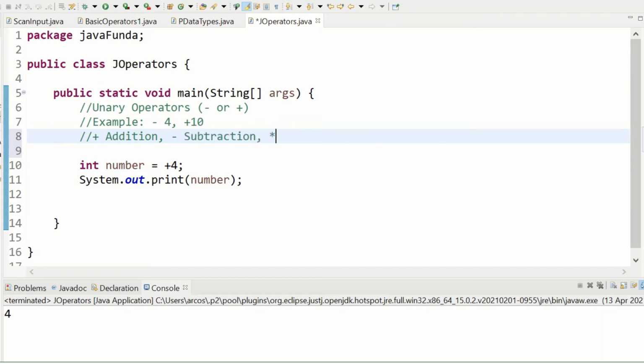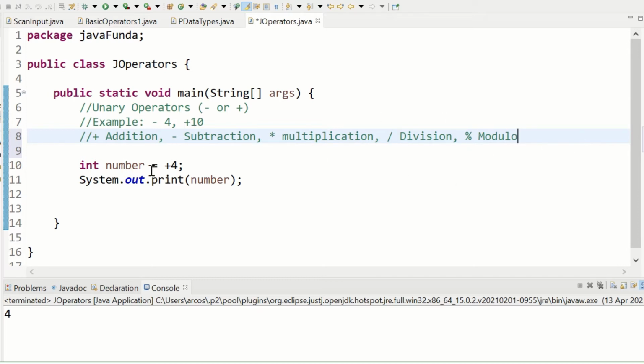Then we have asterisk for multiplication. And then slash for our division. And then the percentage for our modulo. Modulo is you're going to get the remainder of the 2 operands. What's the remainder of a division operation?